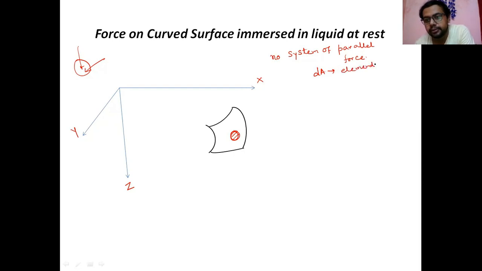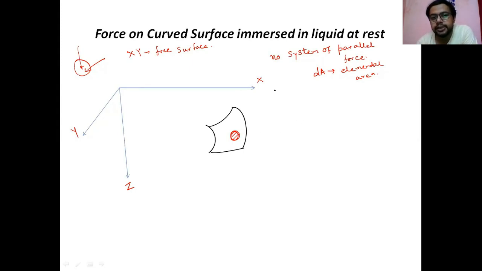Differential elemental area. Now the depth of this area from the free surface: you are considering your XY plane as the free surface of water, or any liquid. And along the Z axis, you are getting the depth.